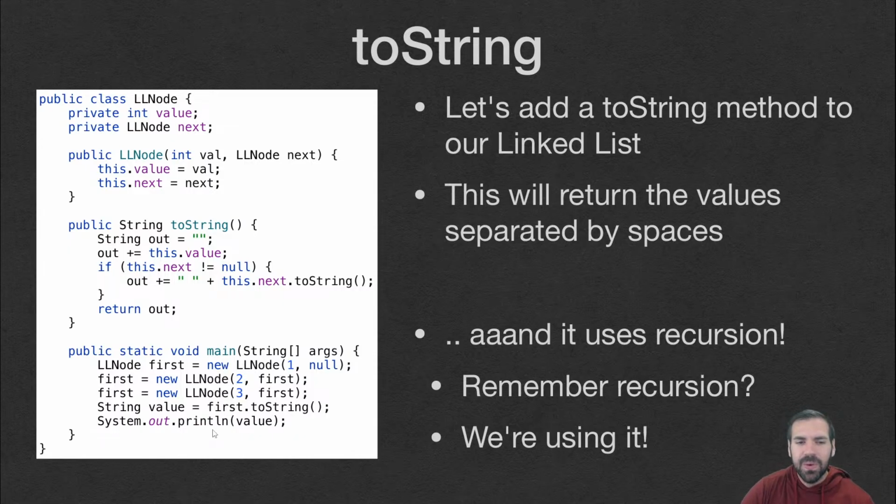I had a few quizzes in the past where we just did println of first, and it's easy to forget that that's going to actually call the toString method. We had far too many students who did not trace the toString method, who were perfectly capable of tracing it. They just didn't think of it at the time, because usually println is a method call that's internal to Java.